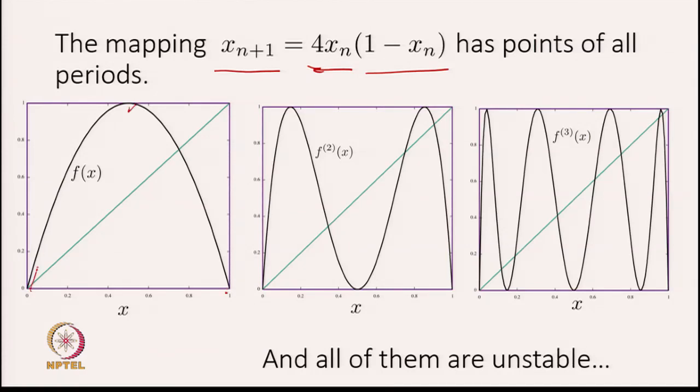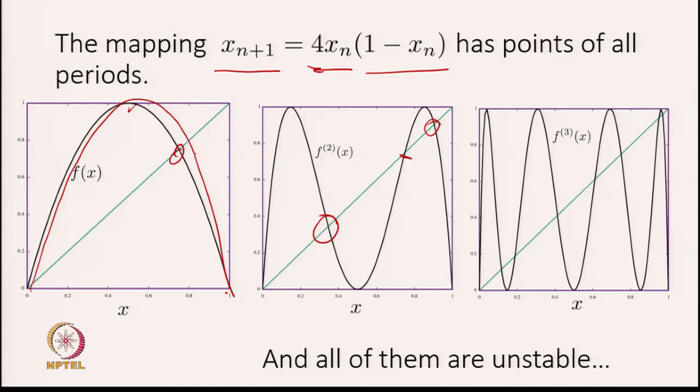So it goes over the entire interval from 0 to 1. Now, if the map itself goes from 0 to 1, f2 is going to go from 0 to 1 twice. So there will clearly be 2 new intersections in addition to this one, which already was there for period 1.